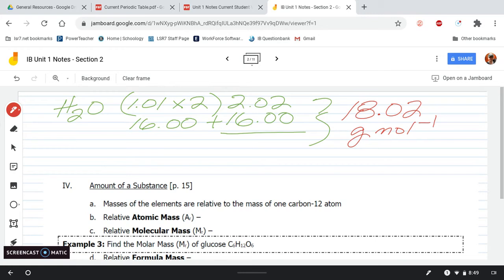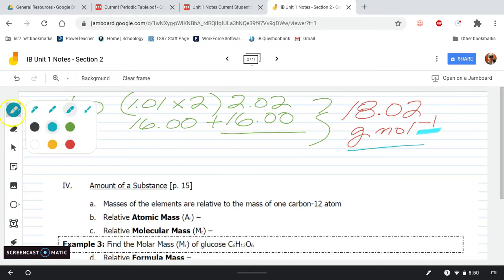This is a good place to talk about this real quick. What the heck does that minus 1 mean? What that minus 1 means is that this happens a lot in IB: they put all of the units in a line. So what that actually means is grams times mole minus 1. When you see the mole minus 1, the minus 1 means it's on the bottom of your unit.